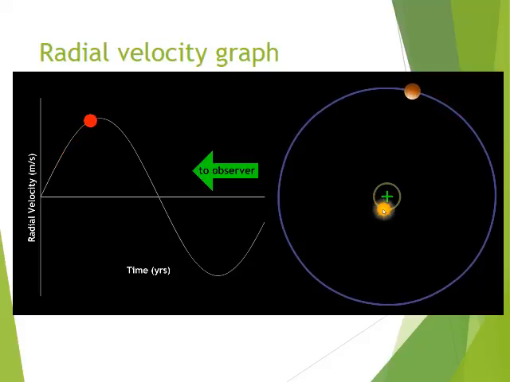They look for red shifts and blue shifts in the star's spectrum to indicate times when it's moving toward the Earth and times when it's moving away from the Earth. It turns out that when the star is moving toward the Earth, you wind up recording that as a negative radial velocity. And when the star is moving away from the Earth, it winds up being a positive radial velocity. So hopefully that will help you when you get to the beginning part of the student guide that makes up this module's lab activity.